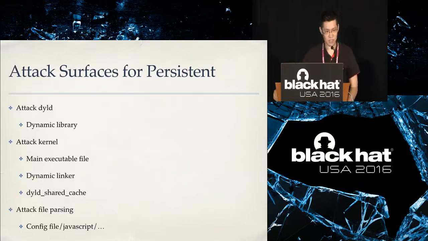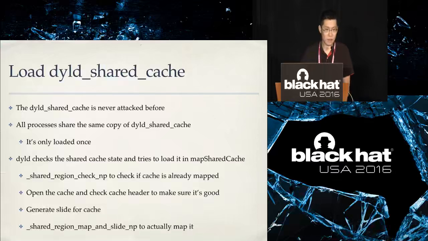Another interesting attack surface was used in the jailbreak for iOS 5: a file parsing bug in Racoon. But this kind of bug is quite difficult to exploit, because at that time there was no ASLR, and if there's ASLR it will be quite difficult. So after taking a glance at all the attack surfaces, we found that the DYLD shared cache had never been attacked before. So what we did was code auditing of this part of the code.